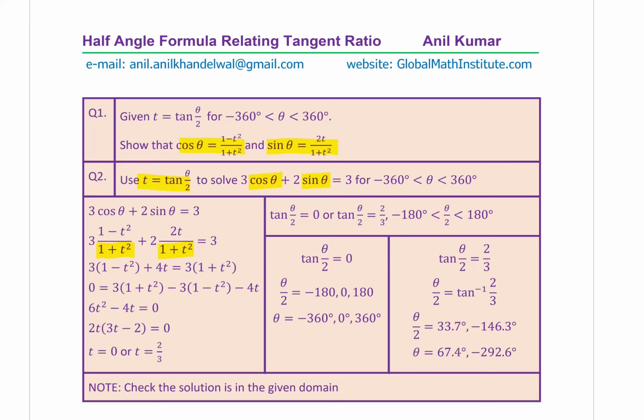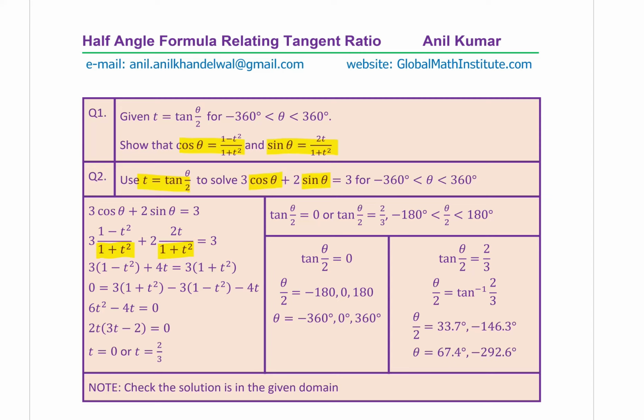So you get a quadratic equation which will look like 3 times (1 minus t square) plus 4 times t equals 3 times (1 plus t square). Bring all the terms to one side, 0 on the other, simplify. We get 6t square minus 4t equals 0. Take 2t common, so we get 2t(3t minus 2) equals 0. Now, for this equation to be true, t equals 0 or t equals 2 by 3, correct? So that is how we get these two values of t.